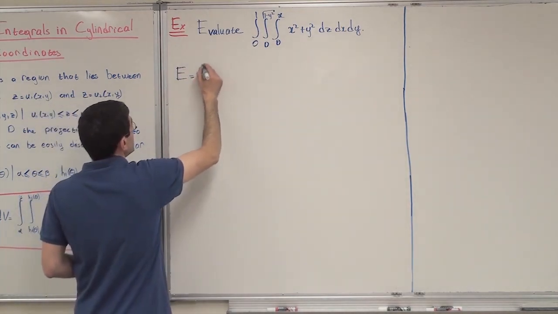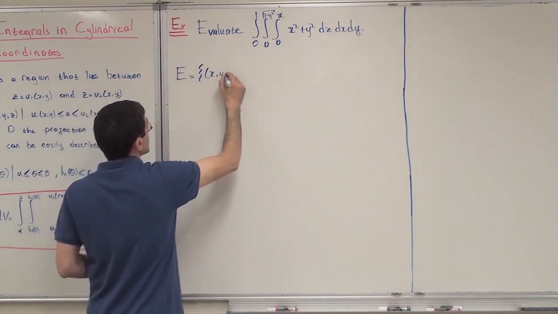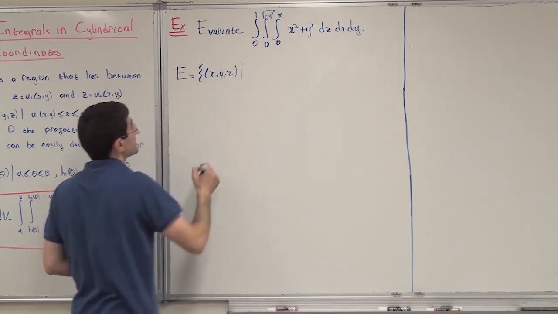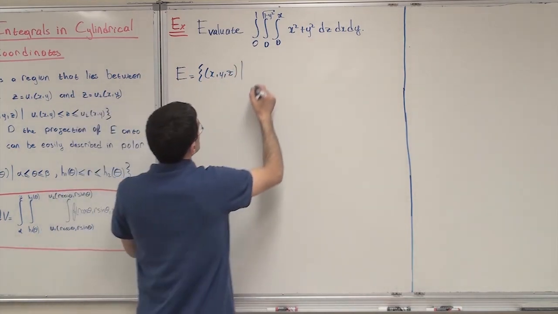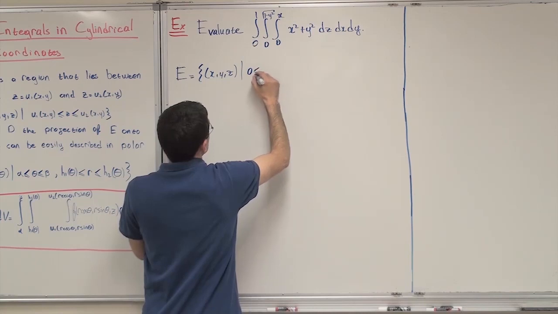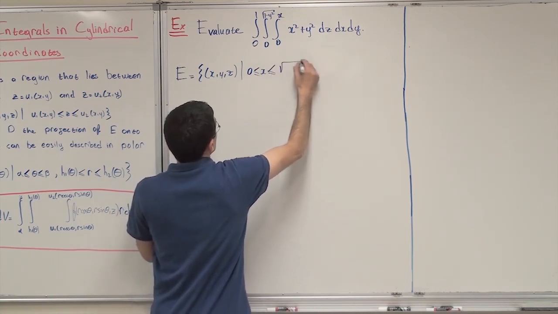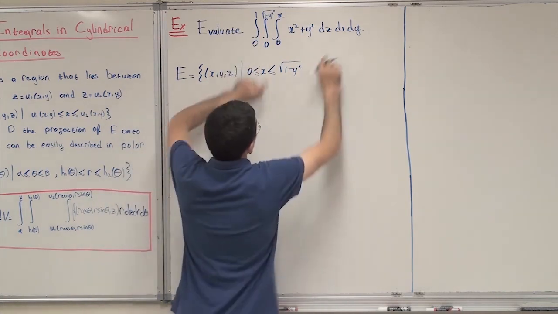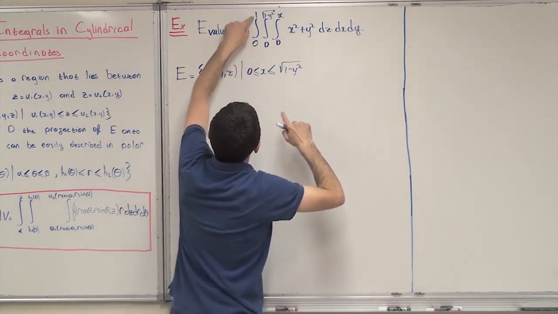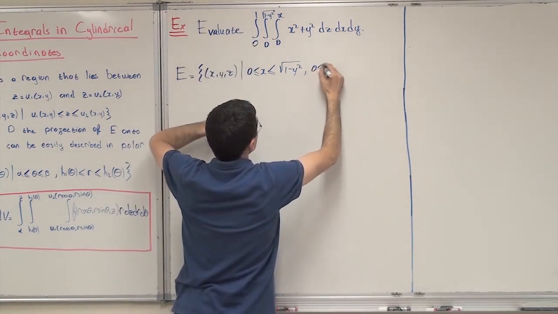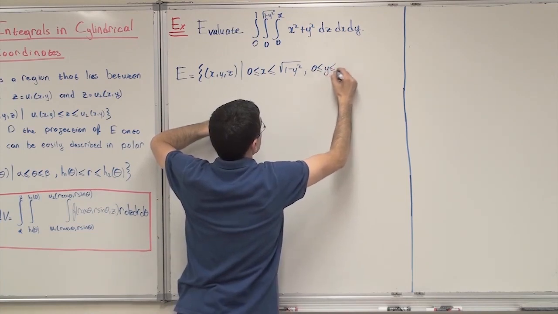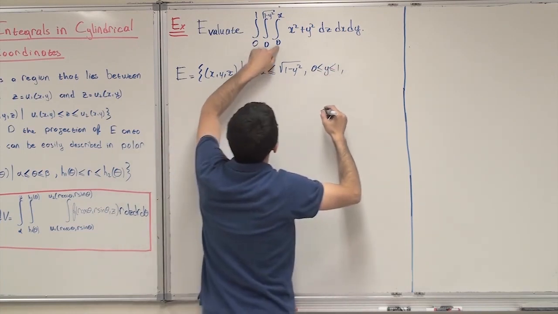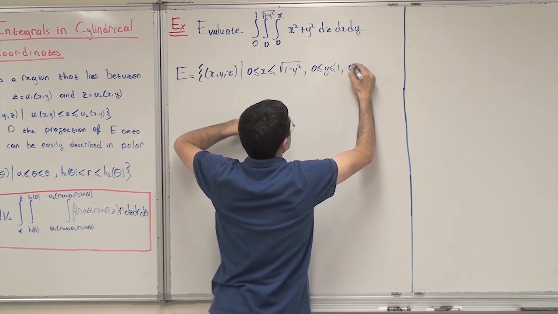Our solid E is the collection of points (x, y, z), where x is between 0 and root 1 minus y squared, y is between 0 and 1, and z is between 0 and x.